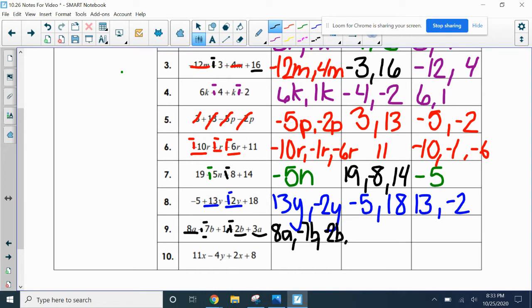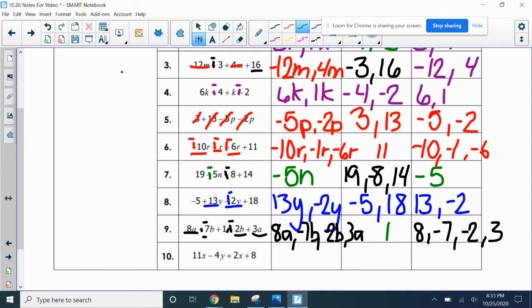And I have positive 3a. And again, even though we had 2 different variables, those coefficients are still going to be just those numbers attached. So 8, negative 7, negative 2, and positive 3. And then our constant is just going to be whatever I have left that does not have a variable attached. And in this case, it is just 1.